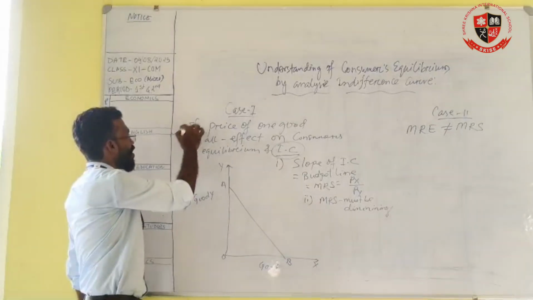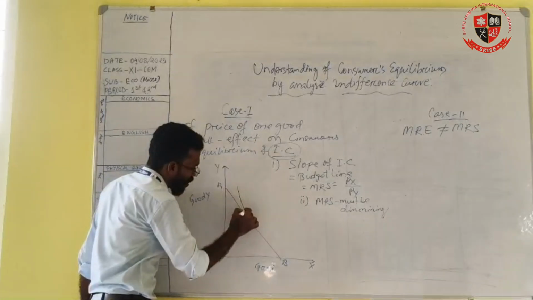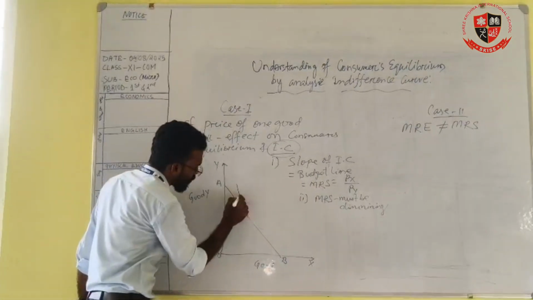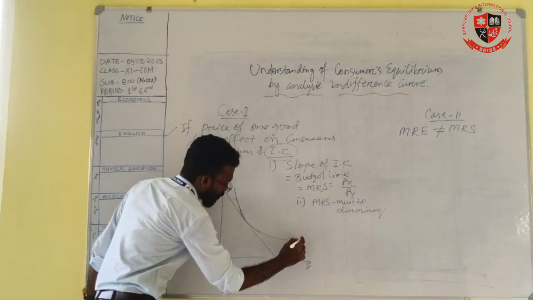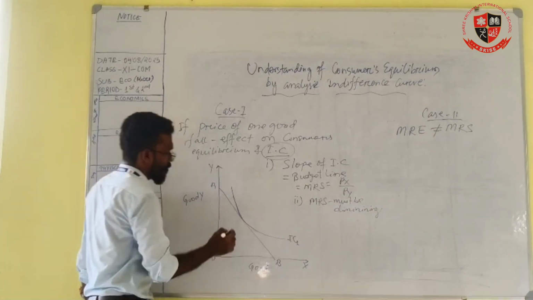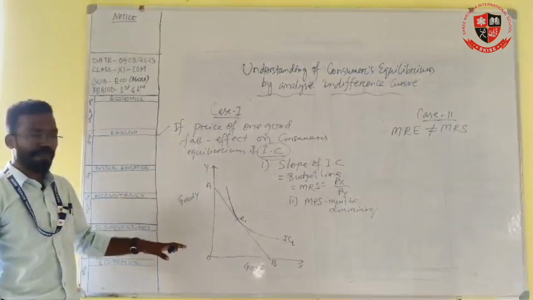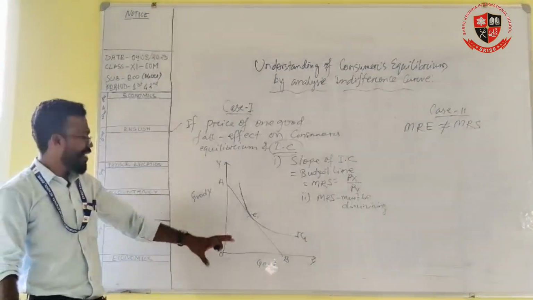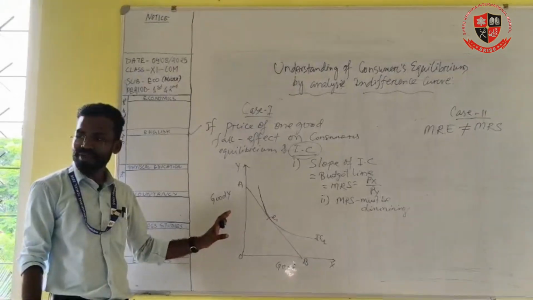So according to case 1, this is the initial equilibrium point, when there is no change in the price of any goods.